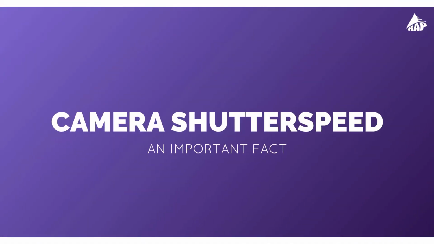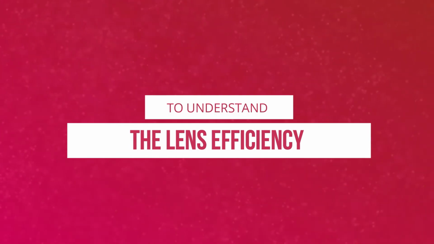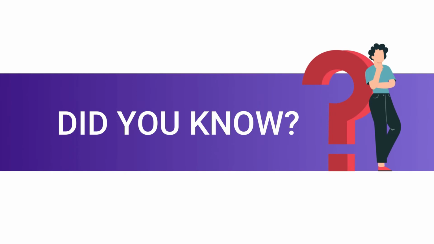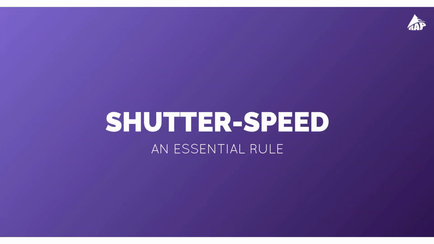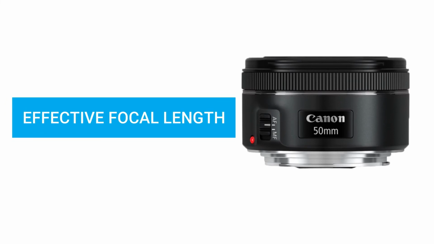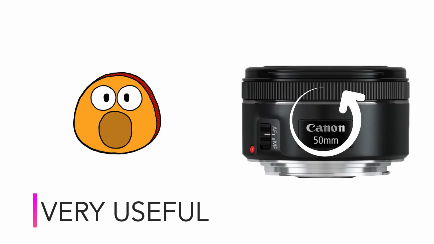One more thing you should know about the shutter speed to understand the actual efficiency of the lens stabilization mechanism. Did you know the ideal shutter speed for a sharp image without using lens stabilization? The ideal shutter speed actually depends upon the effective focal length of the lens. The shutter speed should be at least the equivalent number of the lens's effective focal length.